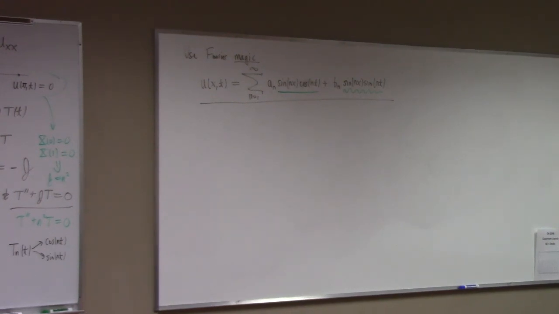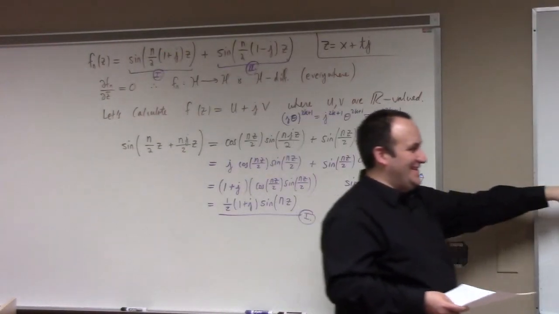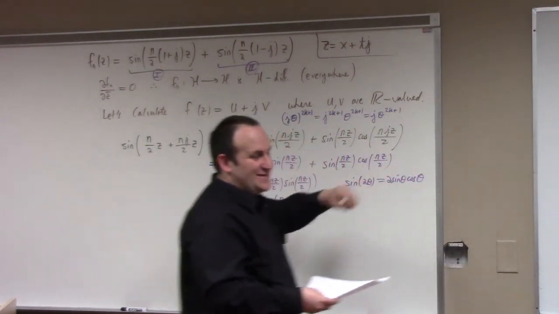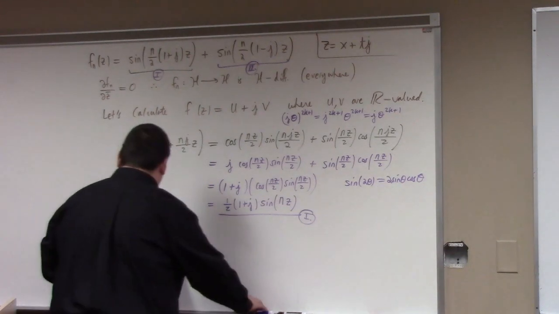Want to know where this came from? I mean, because it's kind of weird, right? Is it apparent to you that this is sine of nz? It's not obvious to me at the moment.